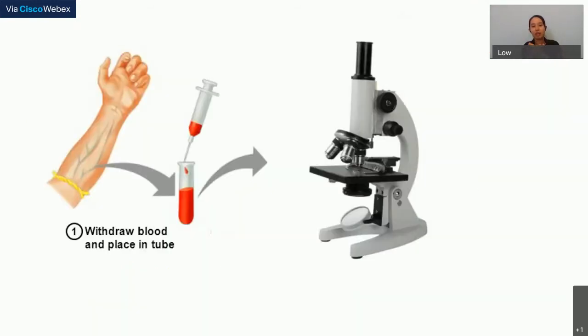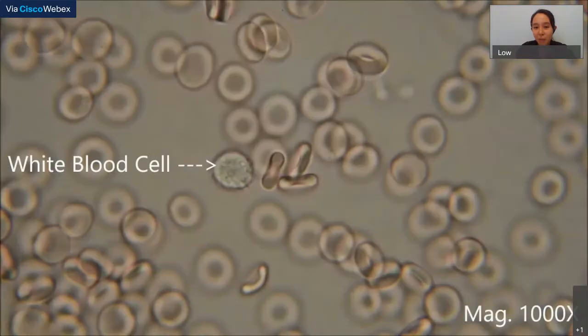If you want to look at your red blood cells under the microscope, maybe you can withdraw blood from your biology teacher, put it on a glass slide, and make a thin layer of red blood cells, and you will get something like this.